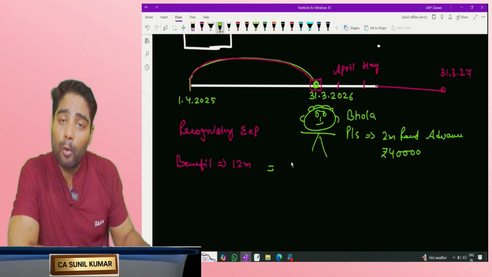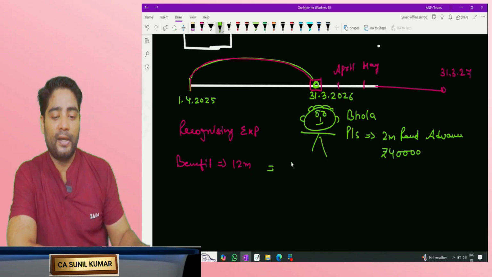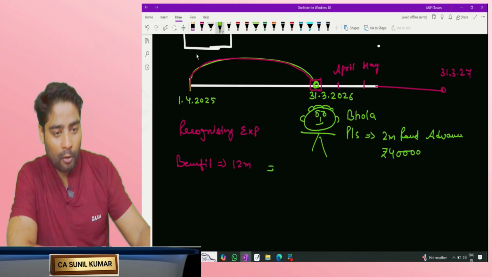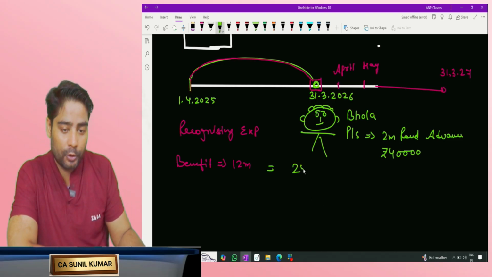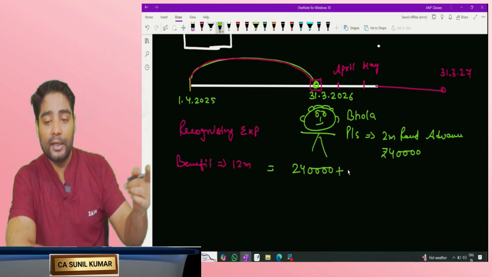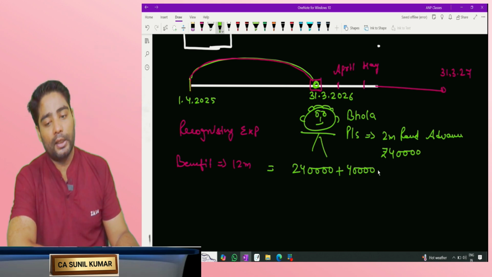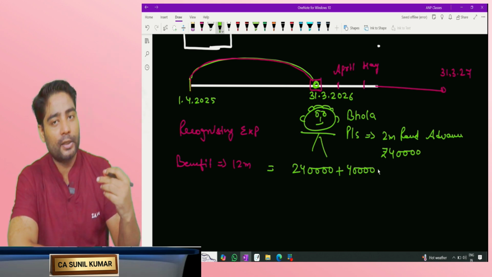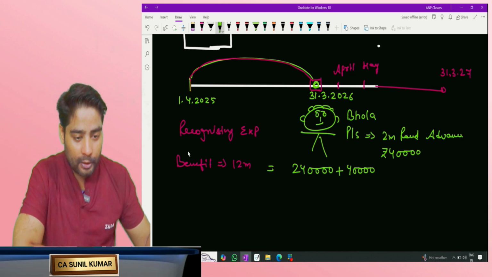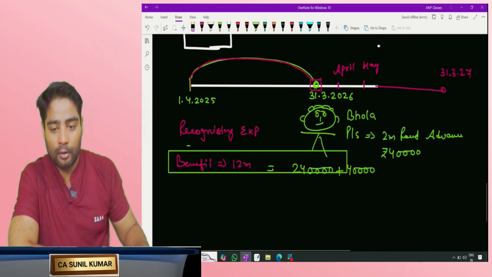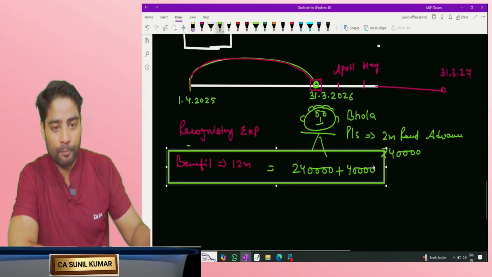But how much amount I have paid? Sir, you paid rent of 20,000 per month, and for the whole year you paid 2 lakh 40,000. But your landlord asked to pay 40,000, that is the advance rent of next 2 months. Now match this. Is this matching or not?